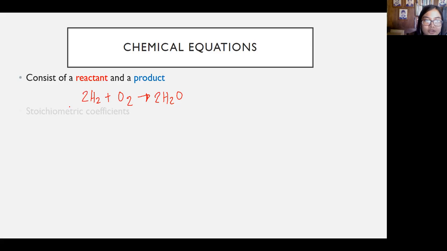So this also involves stoichiometric coefficients. So itong nilagay natin na integers before the reactants and before the product, before the compounds, this is what we call the stoichiometric coefficients. So stoichiometric coefficient shows the number of molecules in the compound. It also gives the ratio of the reactant to the product.